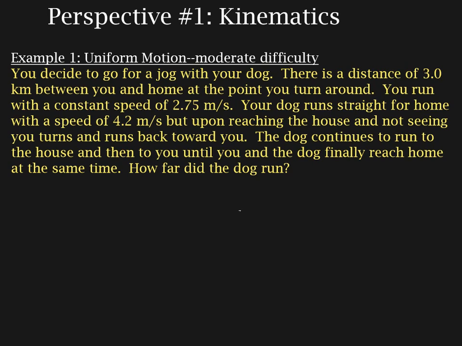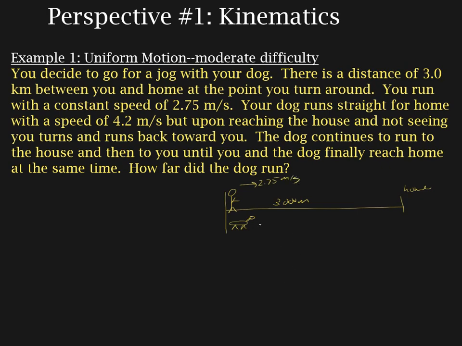So in answering this question, we first draw a picture of what's going on. So here would be you, the runner, and the distance is 3,000 meters between you and home. Over here is home. And the dog is here. Let's see, you're running with a speed of 2.75 meters per second.